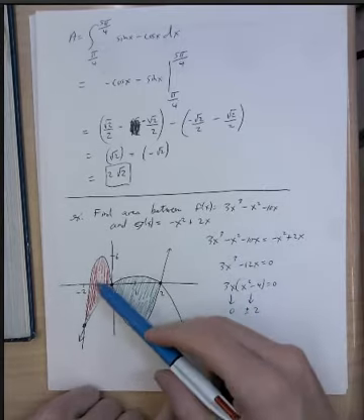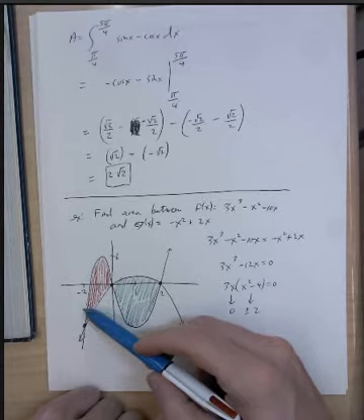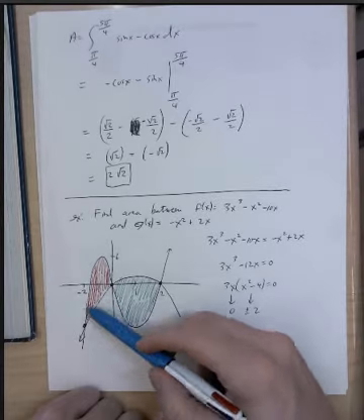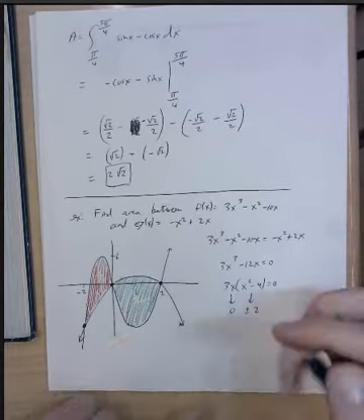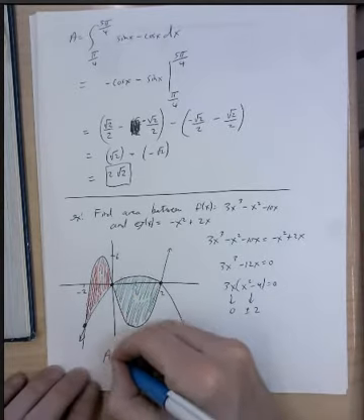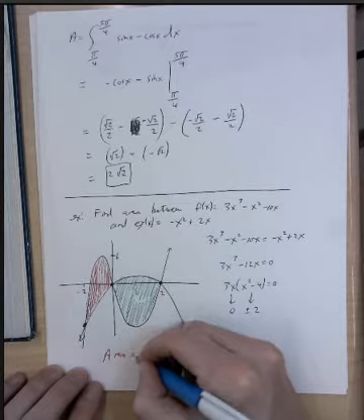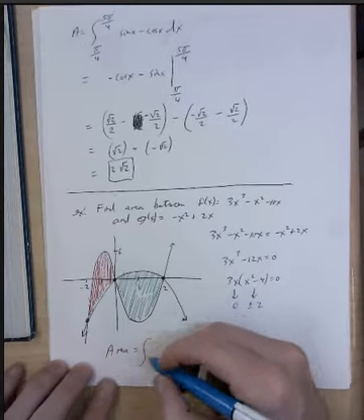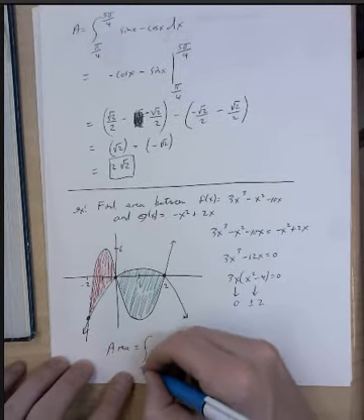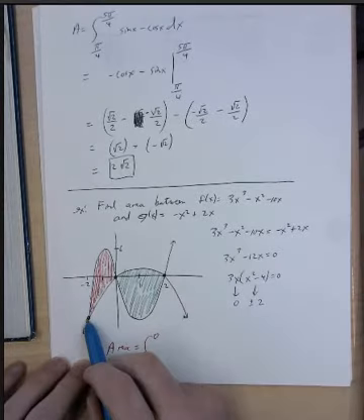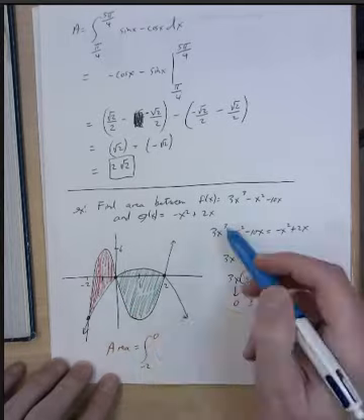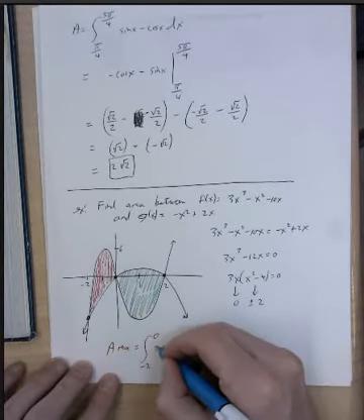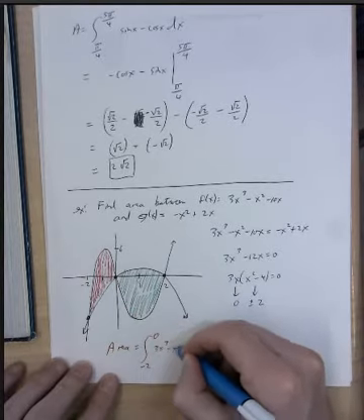So in the red region, we see that the cubic function is on the top, so we need to write that one. I'm just going to be clever here and use red. So area of the red region is going to be the integral from -2 to 0 of the cubic function, which is on top. So we put that first, 3x cubed minus x squared minus 10x.